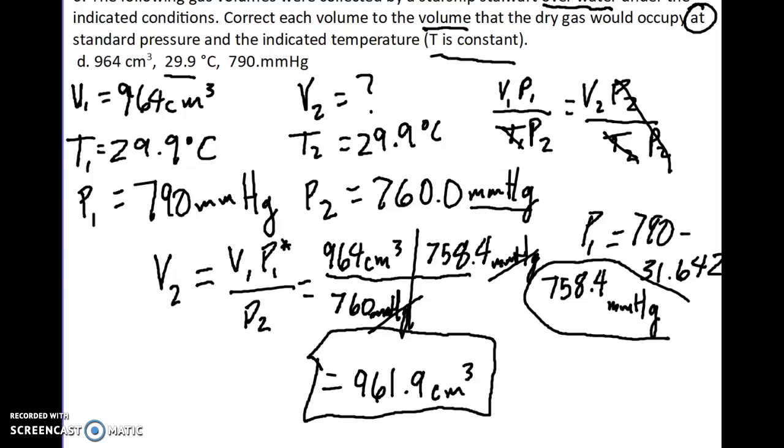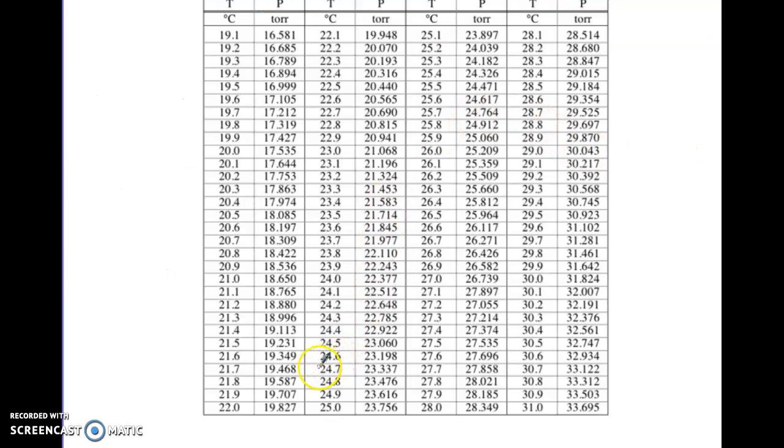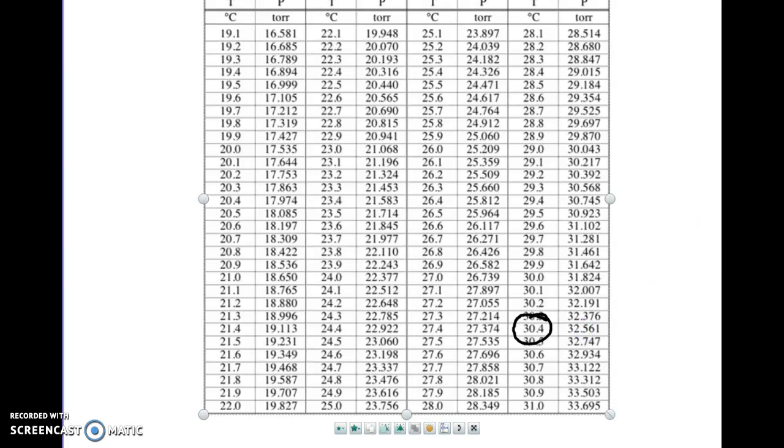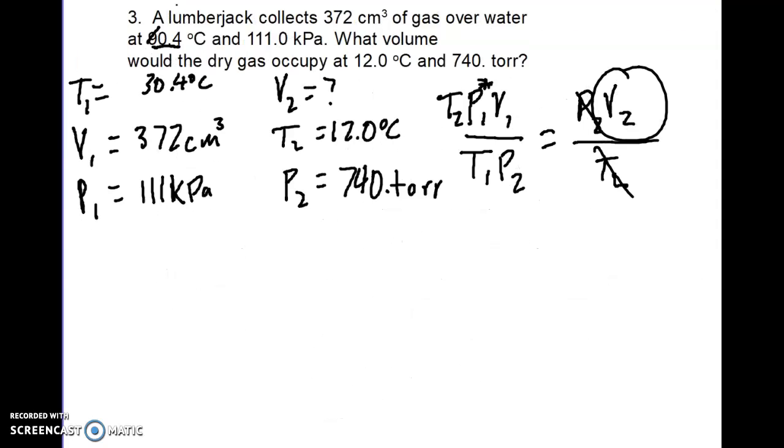I did put these in the notes, but here's another one. So if it was 30.4, it's in torr, so that would be an added pressure of 32.561. Remember that?